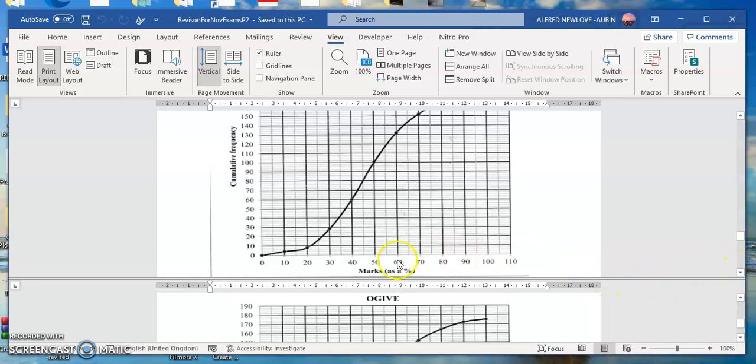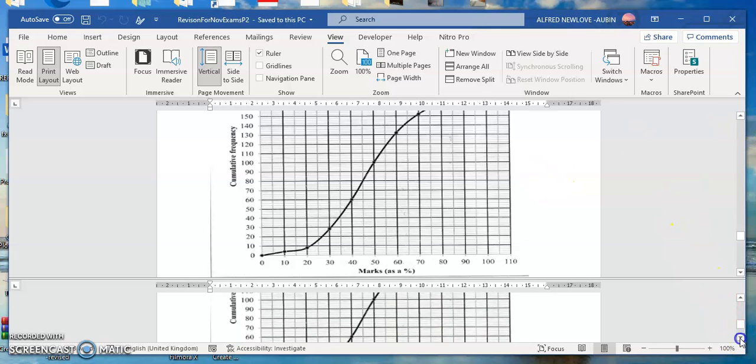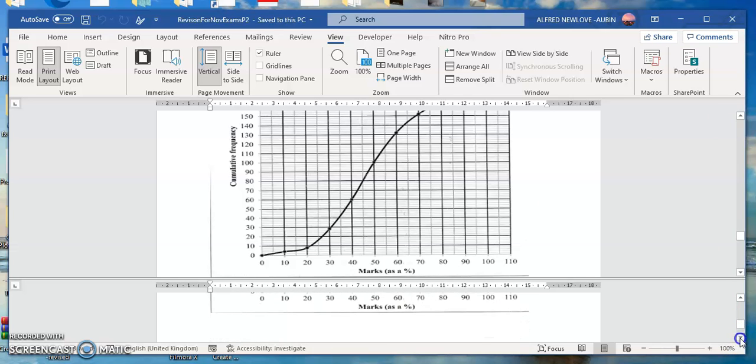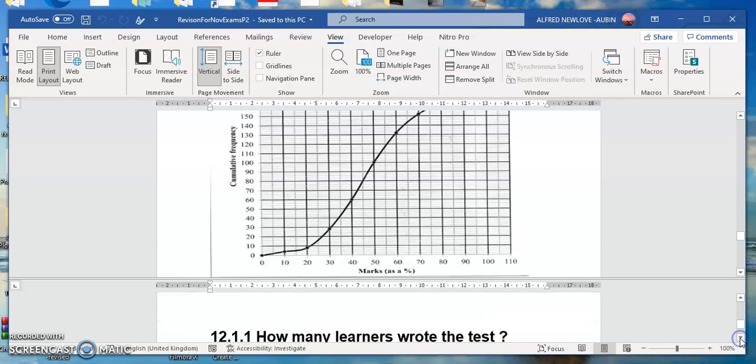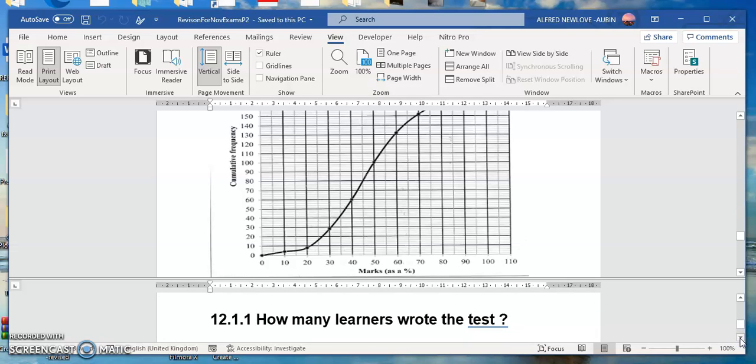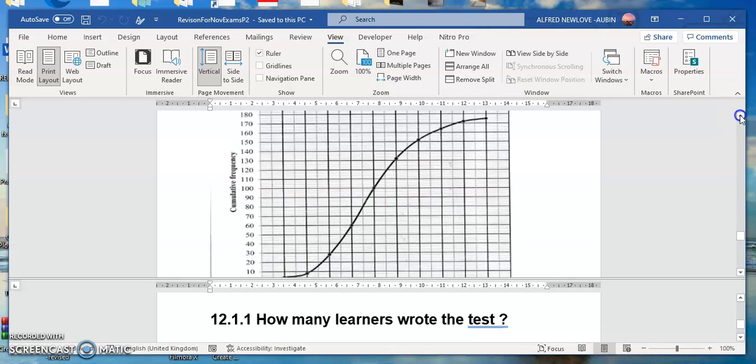We have the max and we have the cumulative frequency. So what is the next question? How many learners wrote the test? It's talking about the total number of learners that wrote the test. You can get it from the top here.